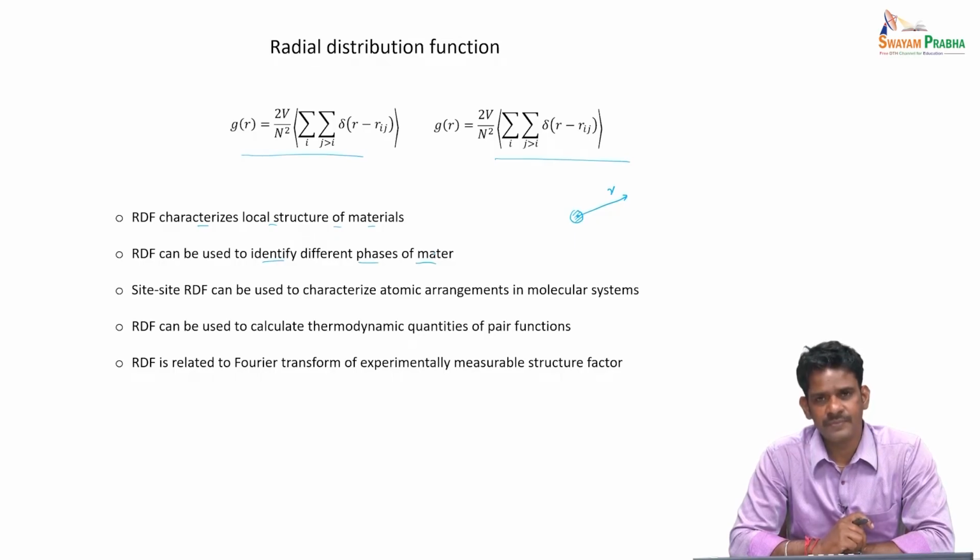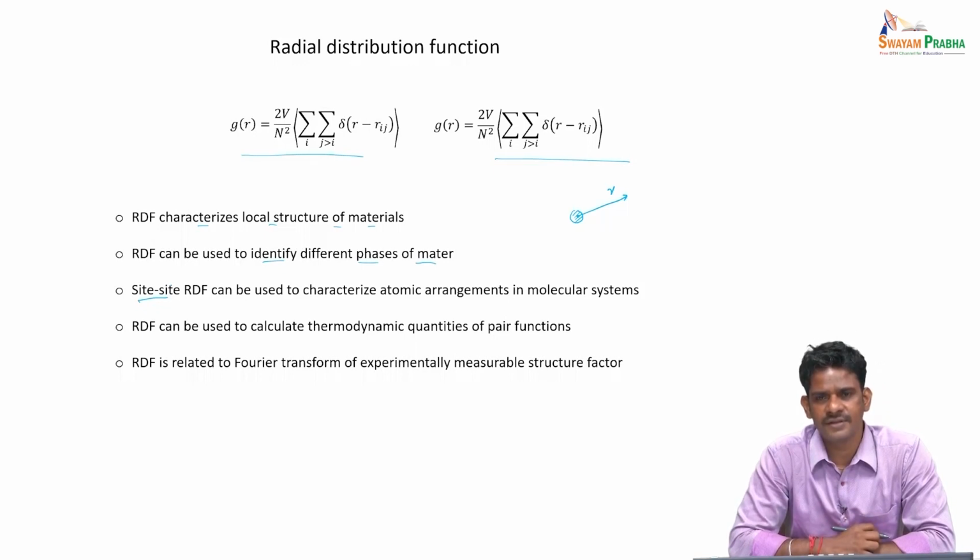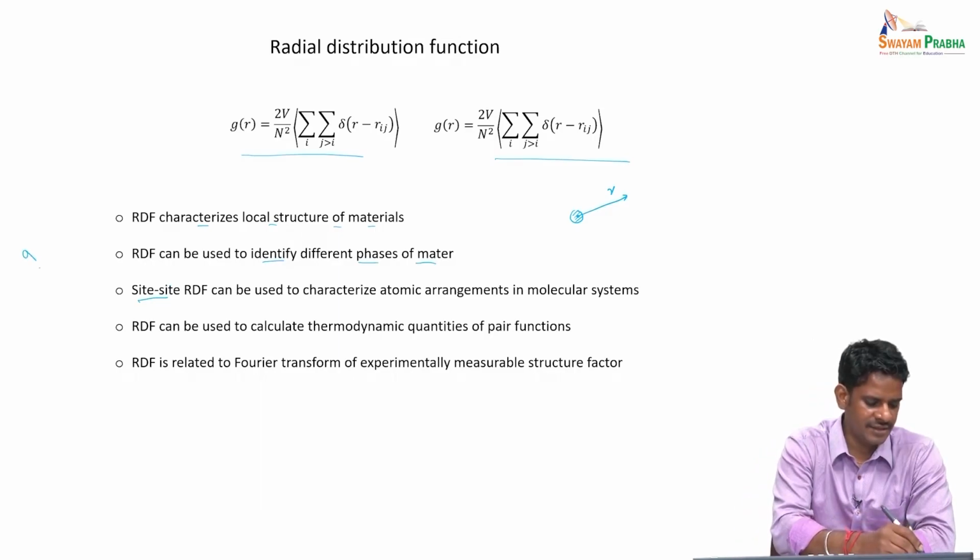For molecular systems, we can calculate site to site RDF. That means, if I have molecules like water, I can calculate many possible combinations of site to site. In other words, we can calculate the RDF between oxygen and oxygen, or between hydrogen and hydrogen, or between oxygen and hydrogen.